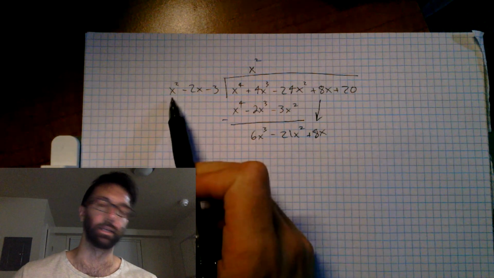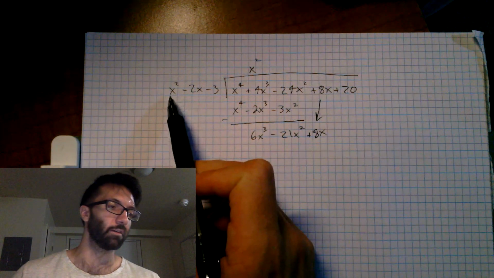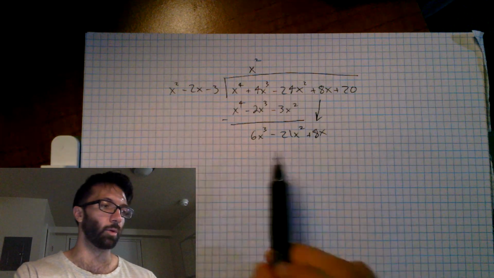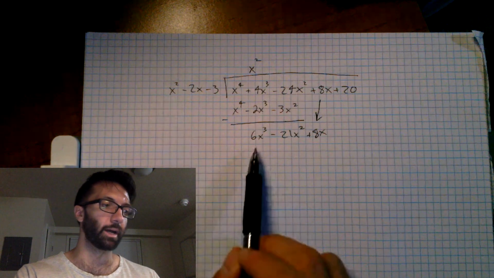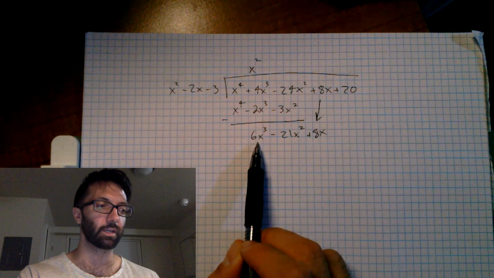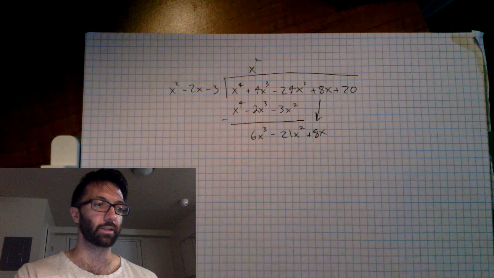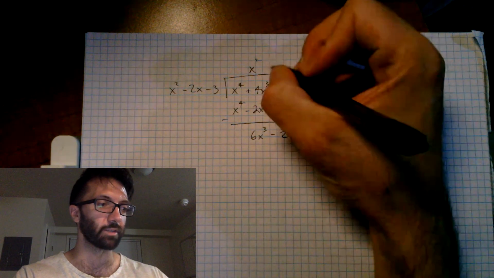So we take our leading term, the x squared of the divisor, and now we're going to see what we would multiply x squared by to get positive 6x to the third, and that's going to be positive 6x.